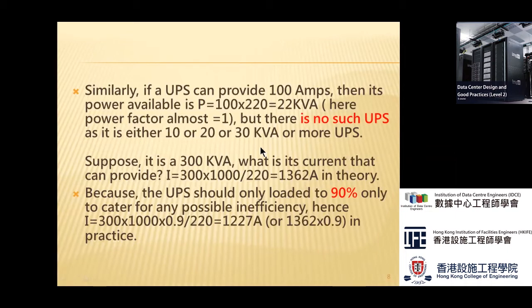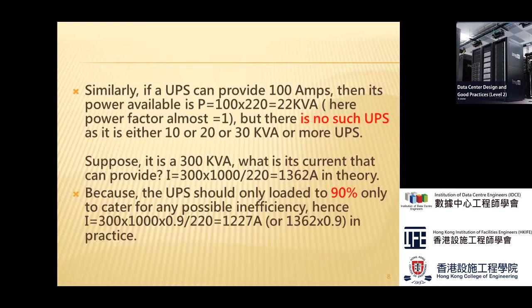Now moving on, suppose you have something bigger, a 300 kVA UPS. Let's go back to the question. Suppose the UPS can provide 300 kVA. What is the current it can provide?